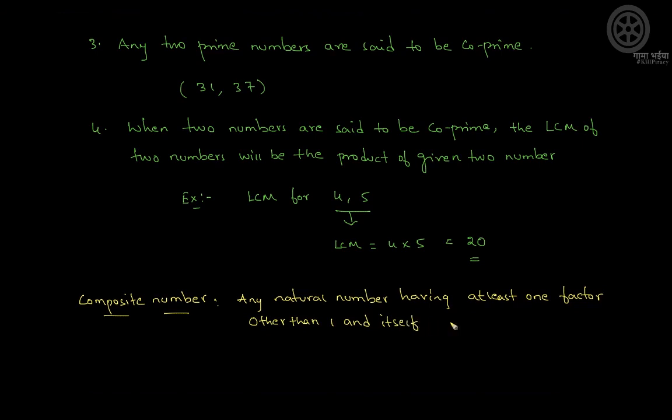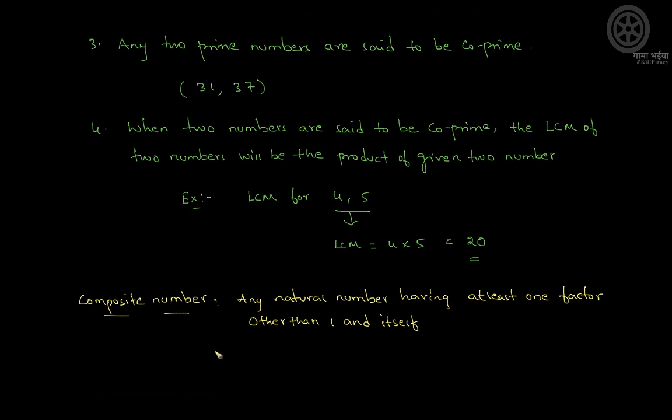What is the meaning of that? If any number has only the factors 1 and itself, then that is a prime number. If there is any extra factor other than 1 and itself, then that number can be taken as a composite number, right?